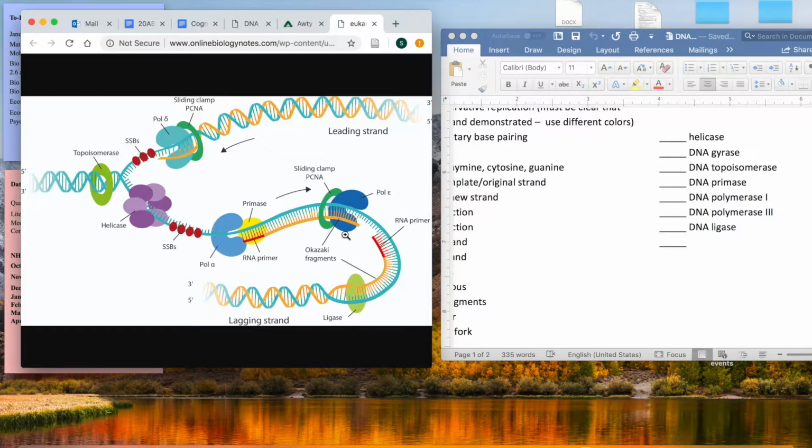And so the last one here, we can see the DNA topoisomerase. The main function of that is to basically participate in the overwinding or underwinding of DNA.